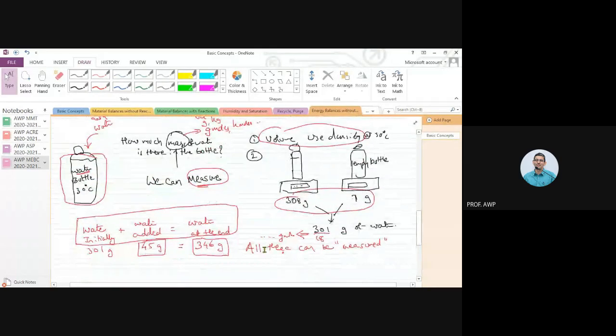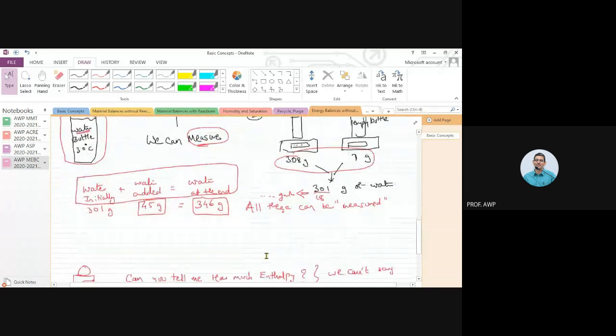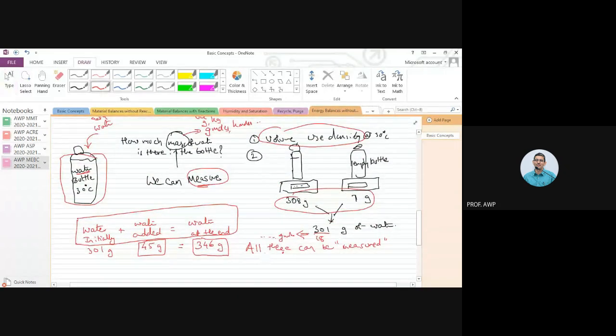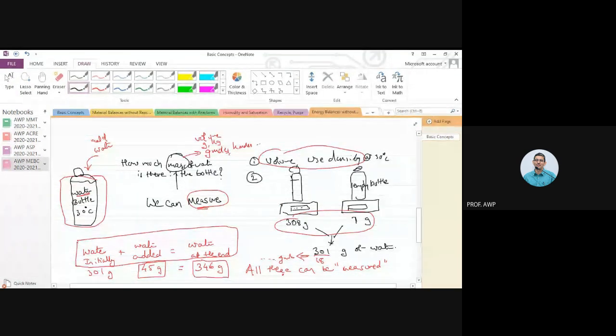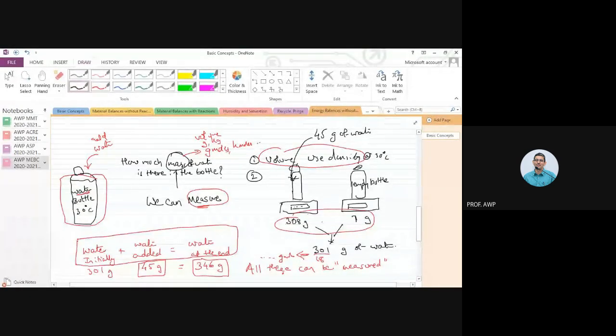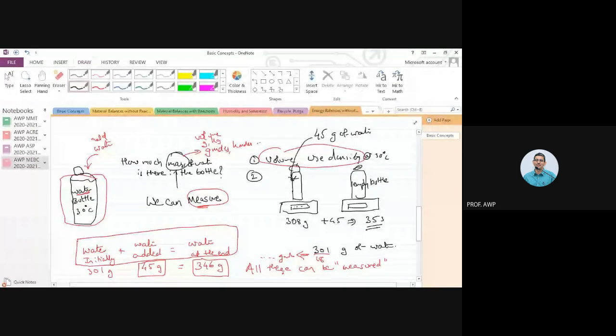See here, if I take the bottle, I keep the bottle on the weighing scale. And now while on the weighing scale, I add 45 grams of water. Then the weighing scale would change from 308, the water plus the empty bottle, 308 plus 45, the weighing scale will now read 353.